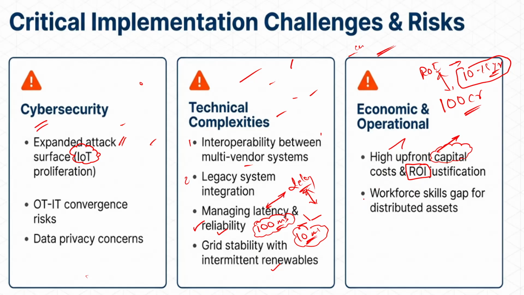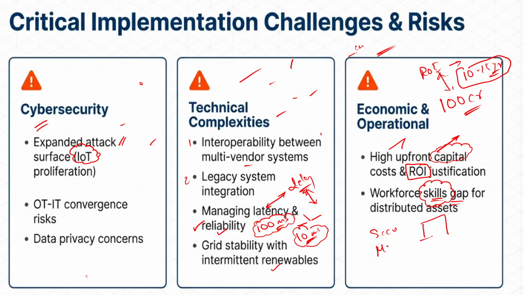And the second challenge is the workforce skill gaps. We spoke about the smart grid, we spoke about security, and also various aspects of smart grid. But do we have the skills to operate those? Let's say if you ask someone to design a system, they will design it, but who is going to implement that system?